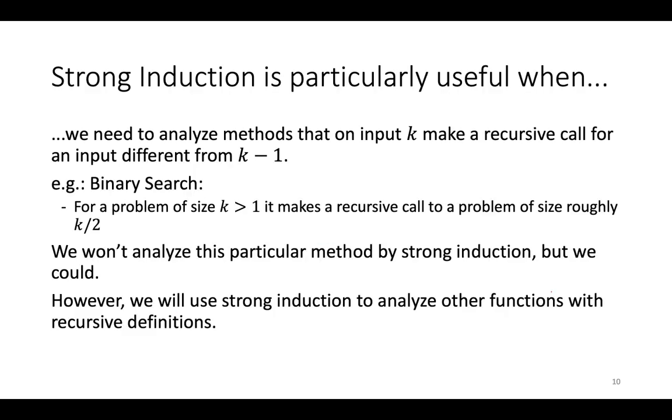Strong induction is particularly useful when we need to analyze a method that on input k makes a recursive call for an input different from k minus 1. So previously, we don't know about A and B. That is k minus 1, k minus 2, k minus 3. It doesn't matter.